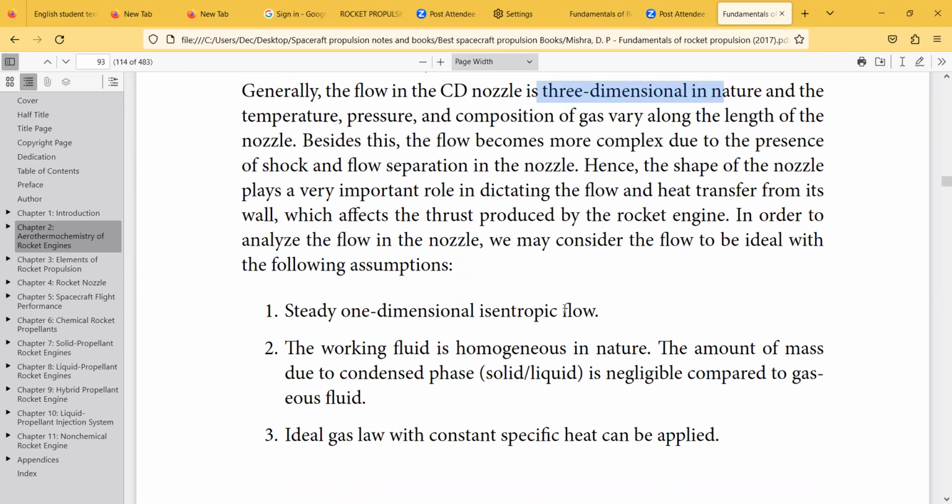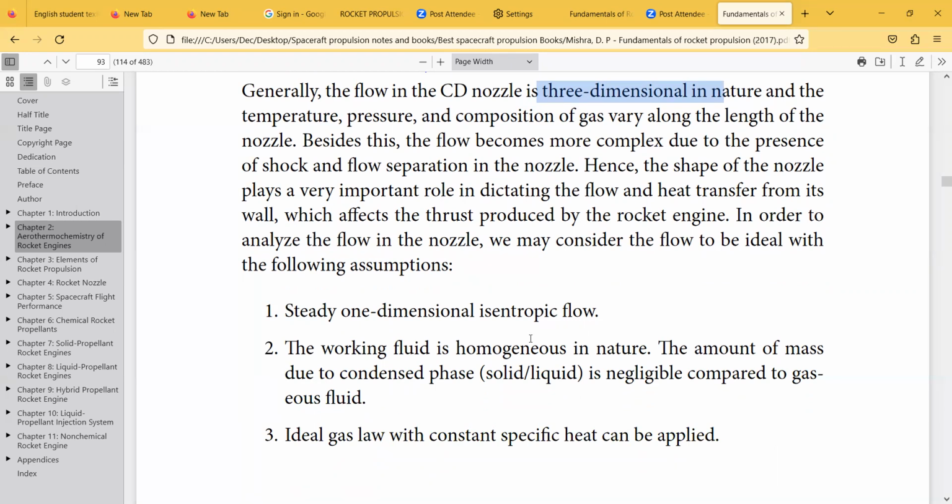We consider some assumptions for this ideal purpose. What are the assumptions considered? One is steady 1-dimensional isentropic flow. The second, the working fluid is homogeneous in nature, meaning there is no heterogeneity in the fluid.